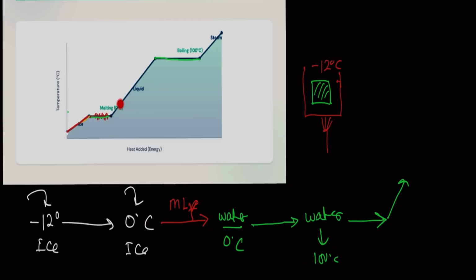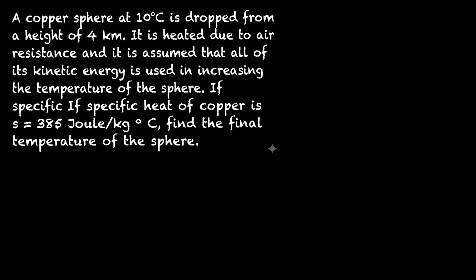At this point it becomes water and the water temperature will increase to 100 degrees Celsius, and at 100 degrees Celsius water will convert into steam, and when it converts into steam, again you are supplying heat, temperature.